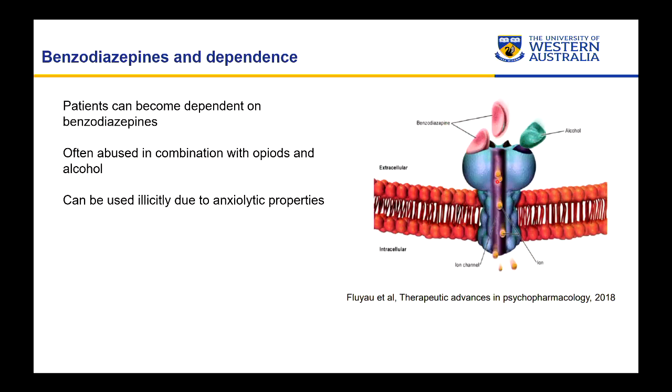So this is showing you here the GABA receptor. So benzodiazepines bind to the GABA receptor to change the amount of inhibition. But alcohol is also a positive allosteric modulator of the GABA receptor as well. So alcohol on its own changes the amount of inhibition through the GABA receptor.